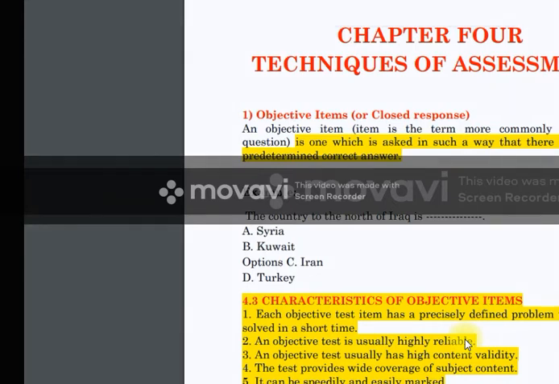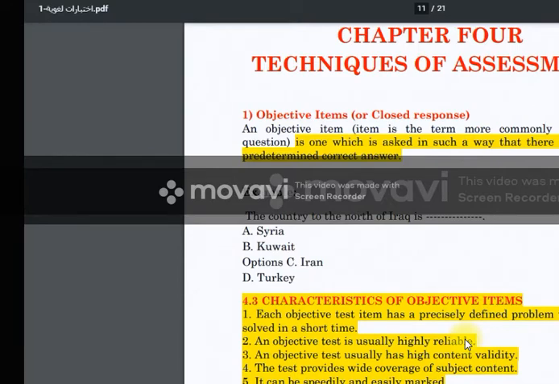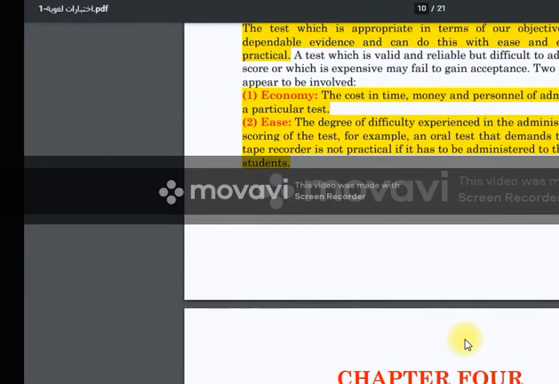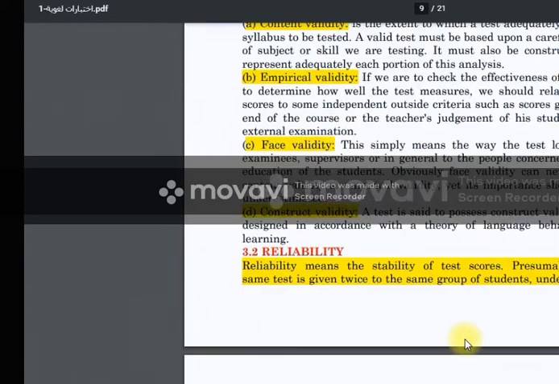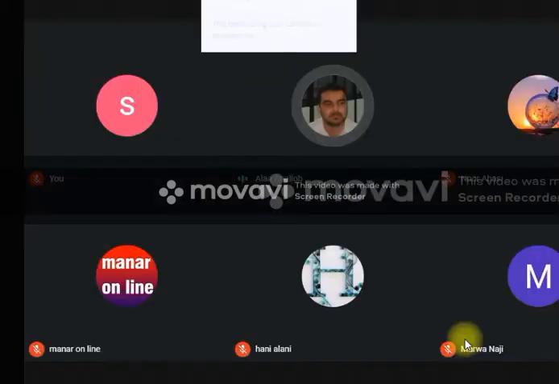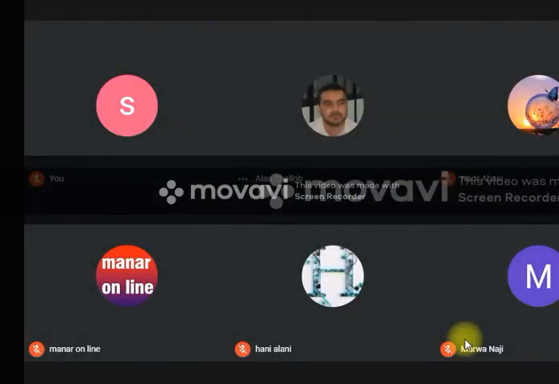So this means that the structural approach, as it is named, is centered on the structural aspects of language, meaning grammar.